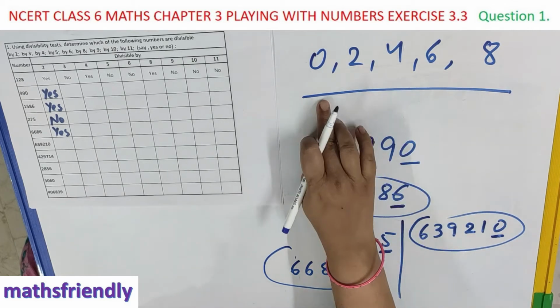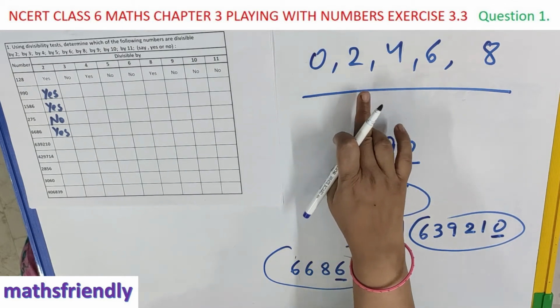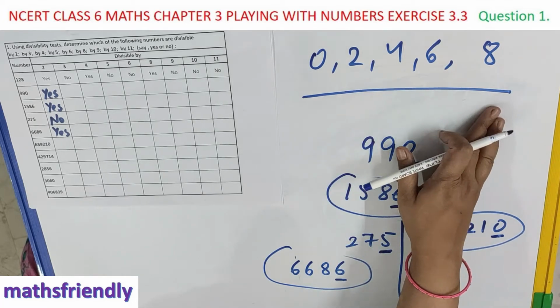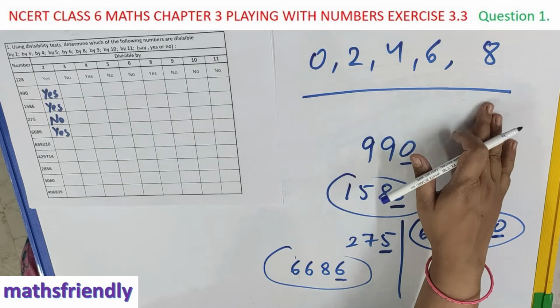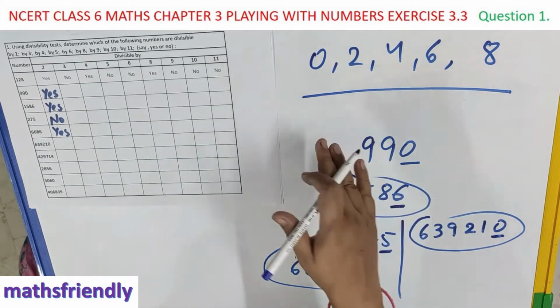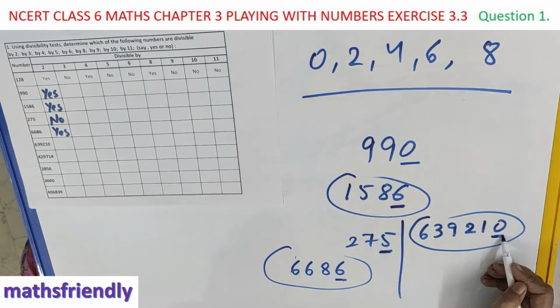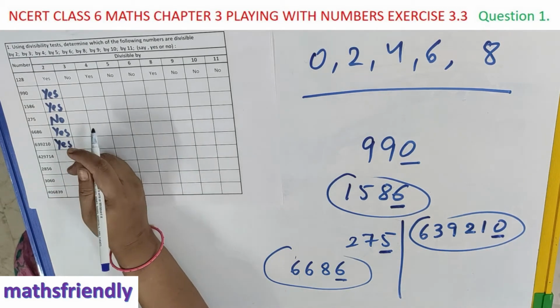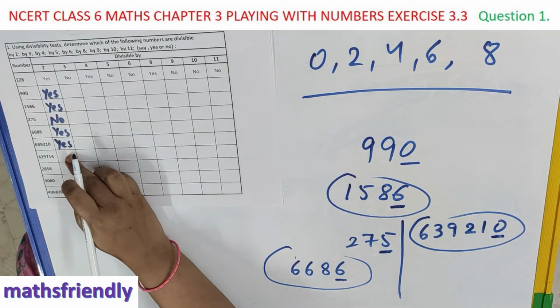The units place should have either 0, 2, 4, 6 or 8. If any of these digits is in the units place, then the number is divisible by 2. This has 0, so this number is also divisible by 2. So we have written yes.